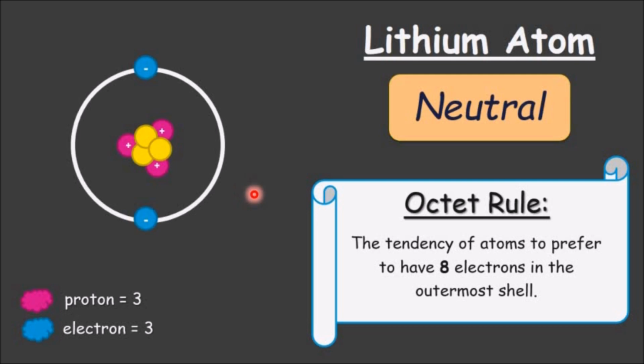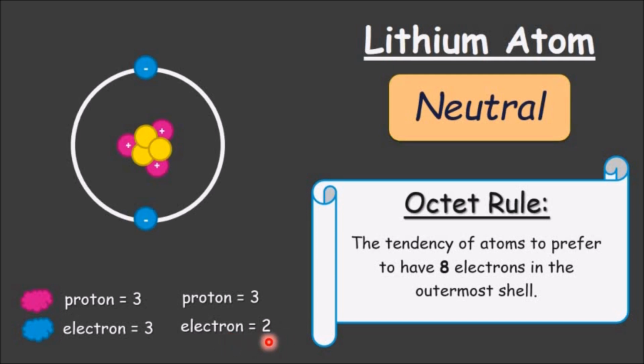Now, when we remove the only 1 electron in the outermost shell, there will be a change in the atom's composition. Before, they had the same number of protons and electrons. Now it is a different case. We still have 3 protons, but when we remove the only 1 electron, the electron count became 2.